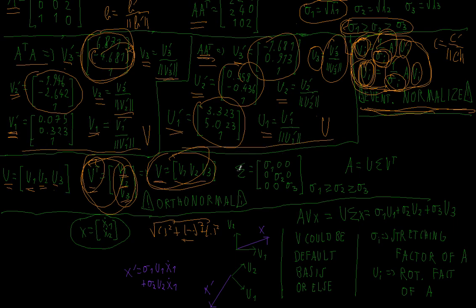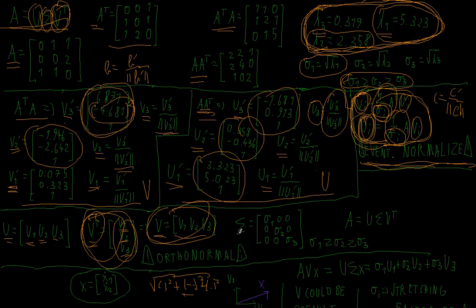Our matrix capital sigma contains the singular values inside the diagonal, again in descending order. So sigma sub 1 is greater than or equal to sigma sub 2, which is itself greater than or equal to sigma sub 3. Those singular values are put in the diagonal, and everything else is filled with zeros. Also U and V are orthonormal, as said.